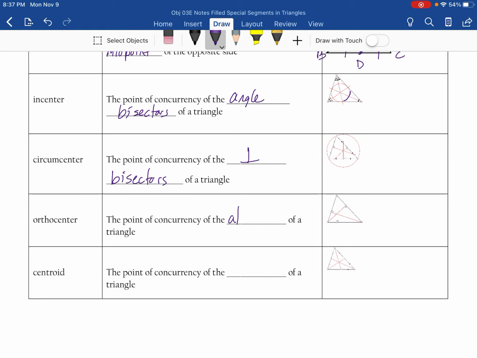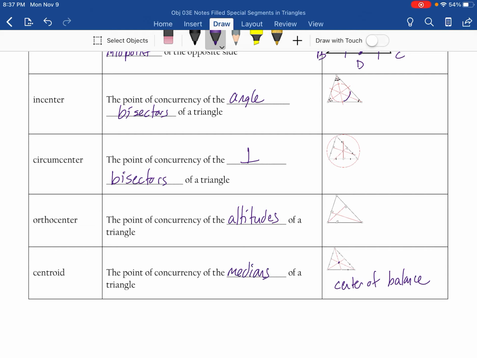The orthocenter is the point of concurrency of the altitudes. And the centroid is your center of balance, and it's the point of concurrency of the medians. And if we were live in class, it would be a lot more interesting, but I'm going to warn you, this is just a few more factoids.